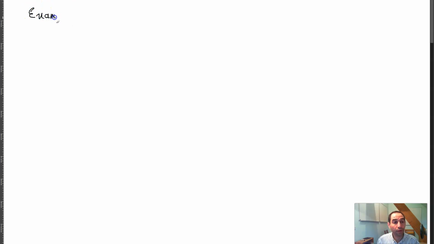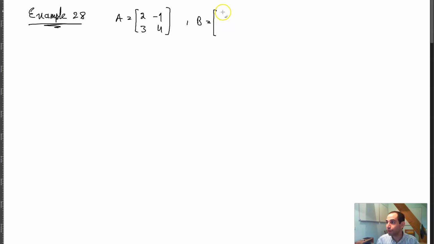Example 28: A is the matrix 2, -1, 3, 4, and B is the matrix 5, 2, 7, 4, and C is the matrix 2, 5, 3, 8.